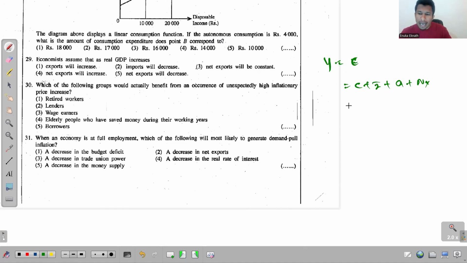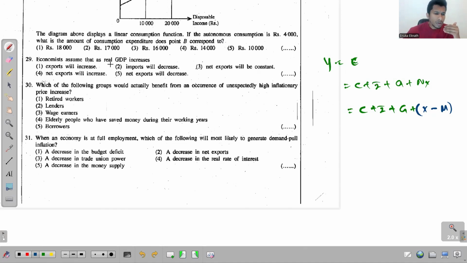So inside that NX, what is included? We get both exports and imports. So let me separate that and write here, that is exports minus imports. So this we recognize as net exports.